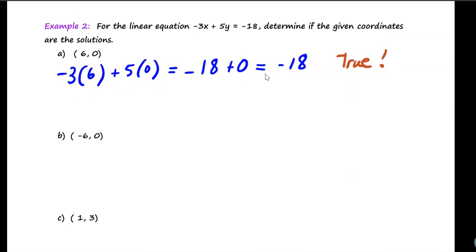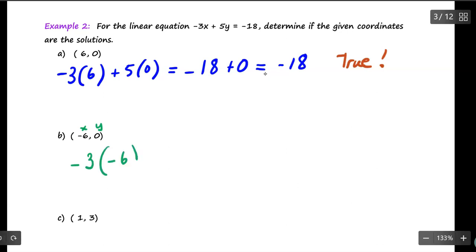Okay, so let me alternate the color. Then what I will do here is this is x, this is y, to make sure that we remind ourselves. So I am going to put in the negative 3, and then I multiply with negative 6, and then I add that with 5 times 0.